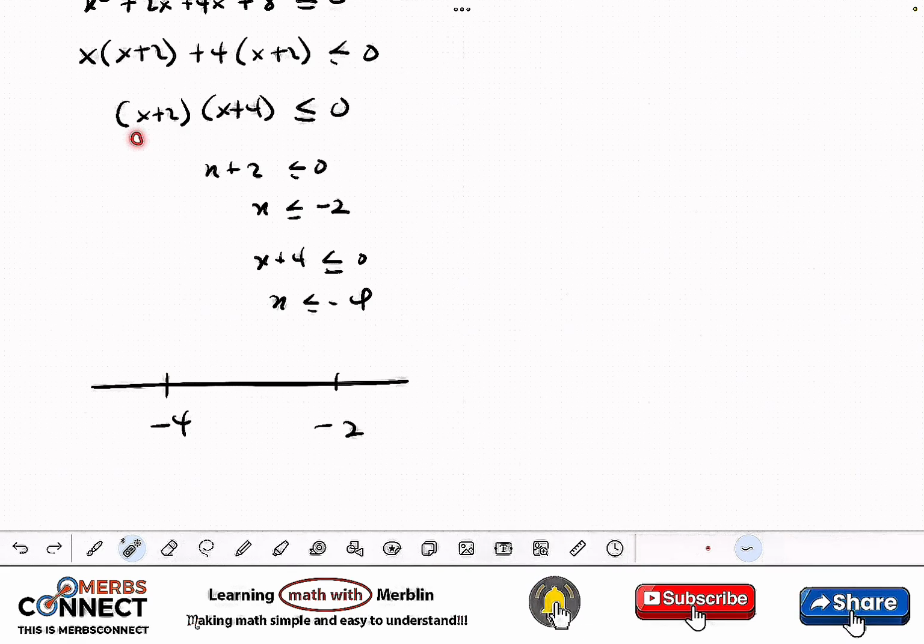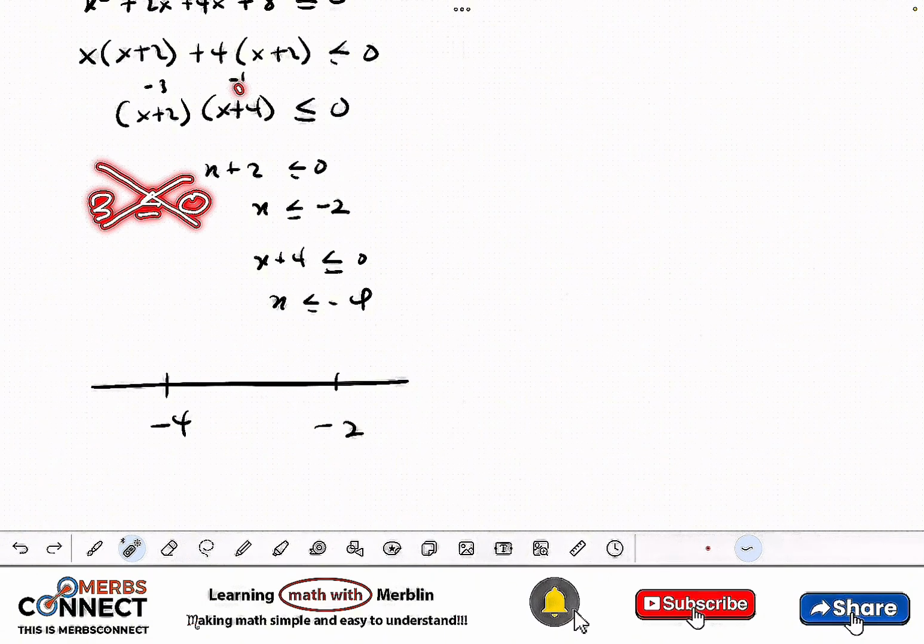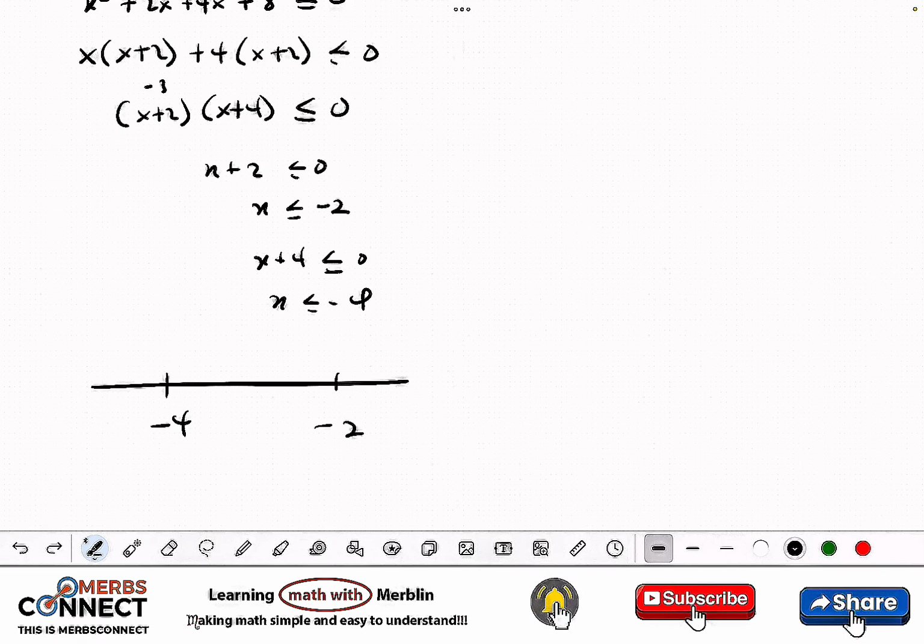Negative 5 plus 2 will give us negative 3. Negative 5 plus 4 is going to give us negative 1. Minus 3 times minus 1 is going to give us 3. Is 3 less than or equal to 0? No. So it means that this is not going to work.